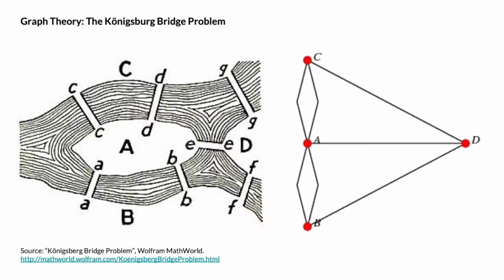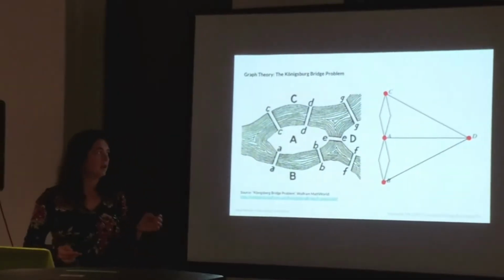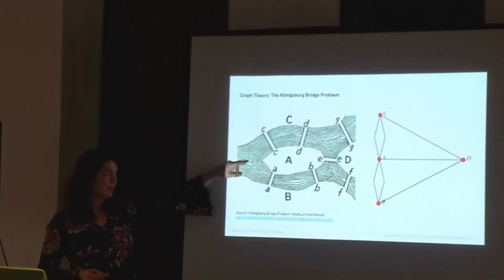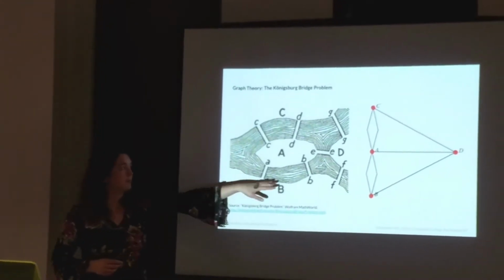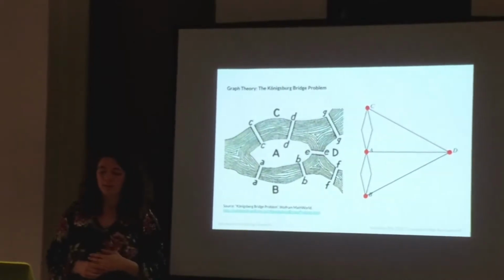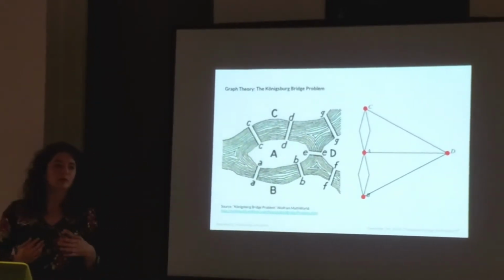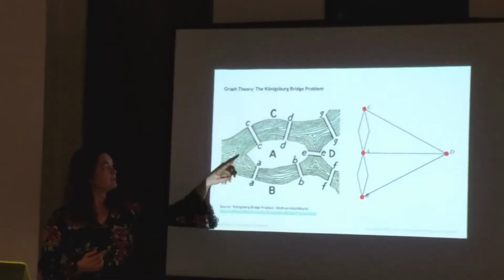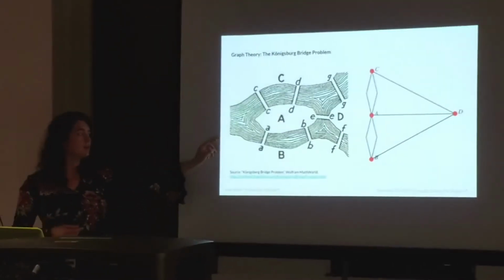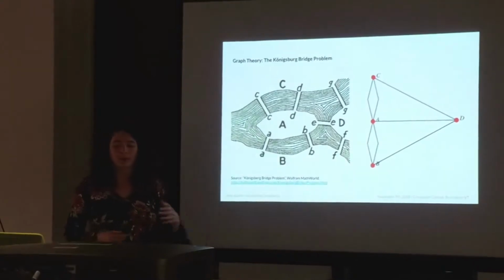1750s maybe. There was this little island in the middle of a river, and there were 3 land masses around the island, and people were wondering, for years and years, it was kind of this classic riddle, is it possible to traverse all of the bridges in Königsberg, this town, only once?